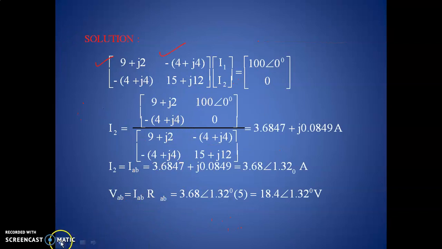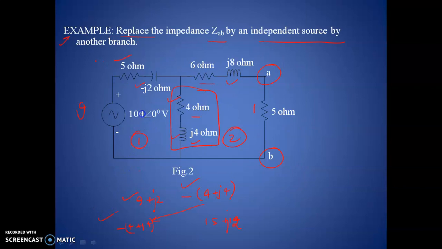And what was the current flowing? This current is I1 and this current is I2. So I1, I2 is equal to the voltage given to you, V1 is 100 angle 0 degree and it is 0 volt.